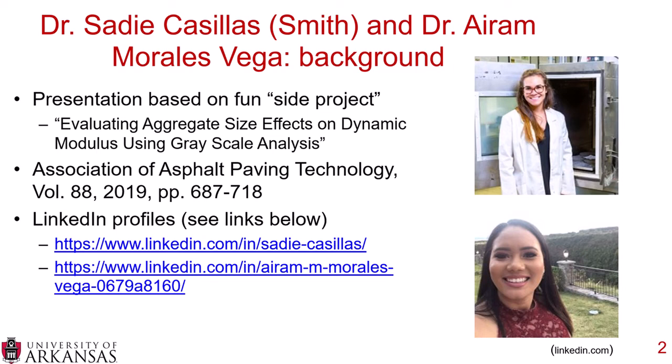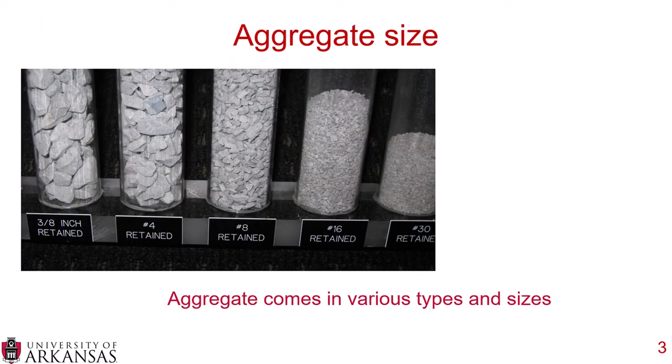Now, talking about aggregate size effects, dynamic modulus, and grayscale analysis, let's start with a broad background. Aggregate comes in various types and sizes, and you can see a nice image here of some 3/8 inch aggregate, number 4, number 8, number 16, and number 30.